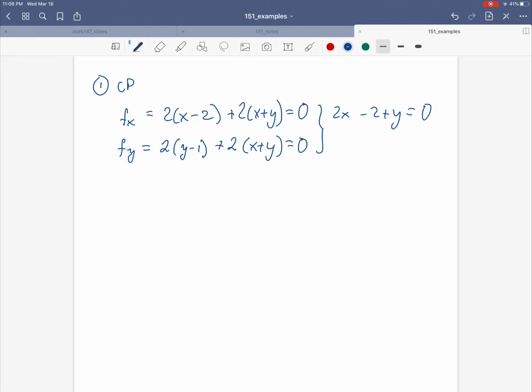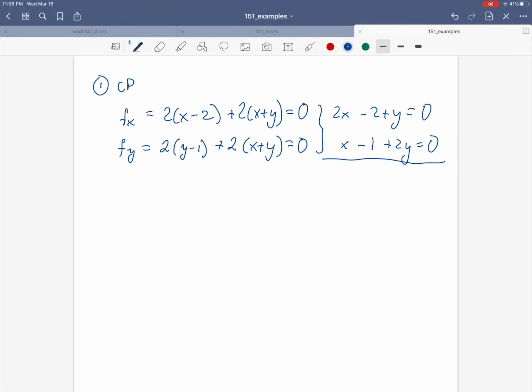After simplification, the second equation comes out as x minus 1 plus 2y equal to 0. For example, we can eliminate x by taking the second equation, multiplying by minus 2 and adding to the first one.